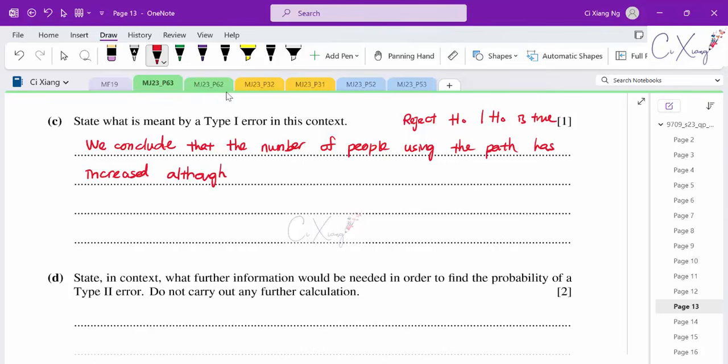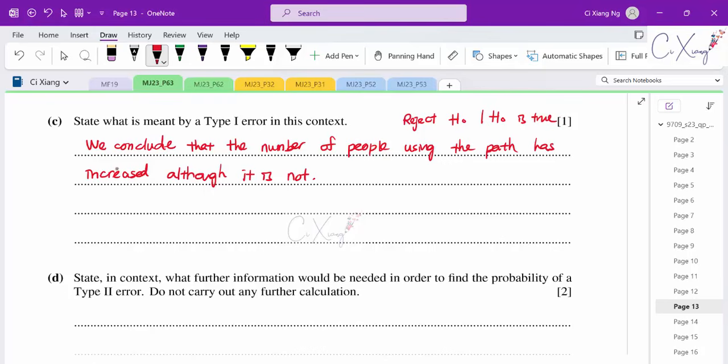So when we make the conclusion, we conclude that the number of people using the path has increased. This means we reject the null hypothesis, although the null hypothesis is true, meaning that the number of people using the path is not increasing. Okay, so this is what you have for part C.